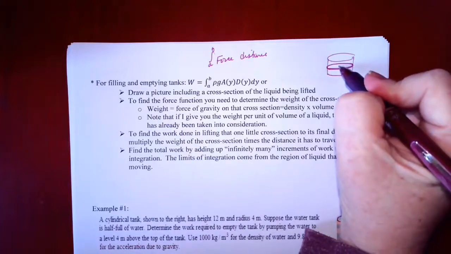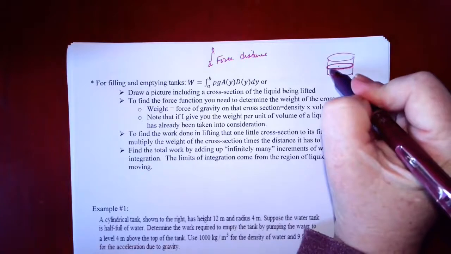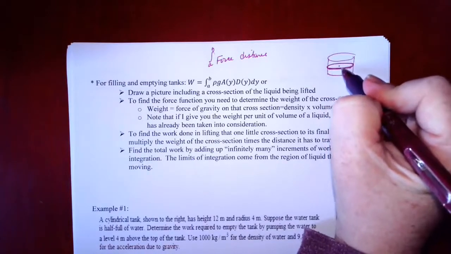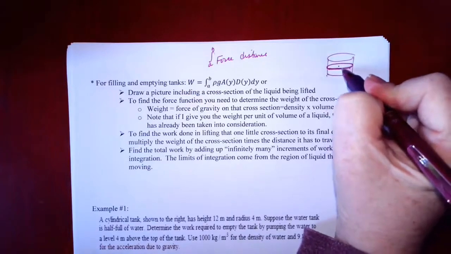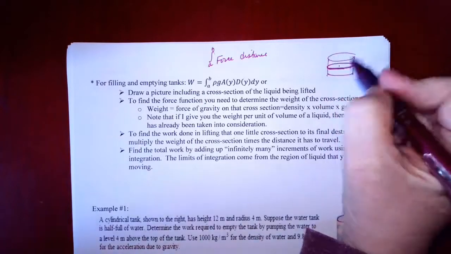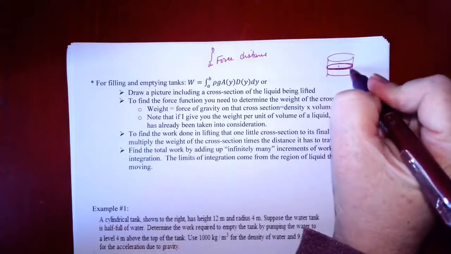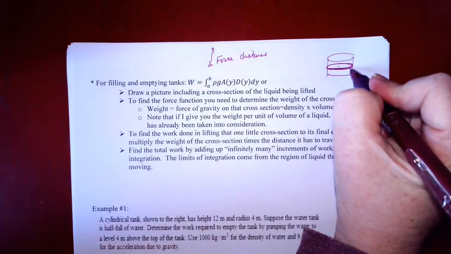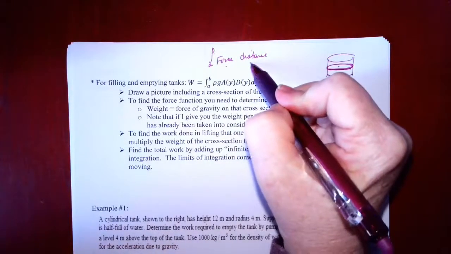We're going to look at these little cross sections and figure out how much work is required to get this little cross section where it's going, either from the bottom of the tank up to its final destination, or maybe it starts in the tank and we're pumping it out over the top. But to do that, we need to know the force required to lift that disc and the distance that it has to travel, because we need to integrate force times distance.